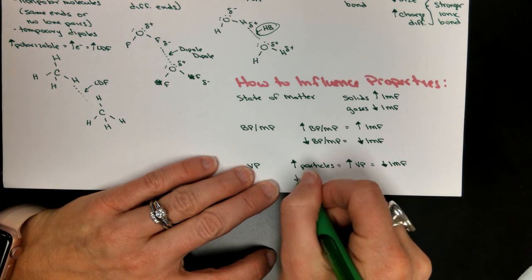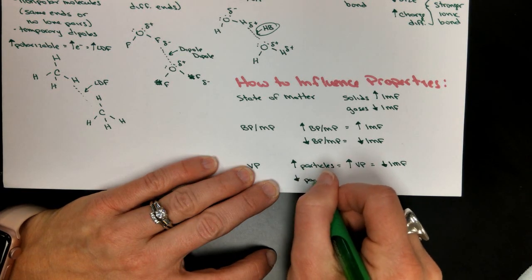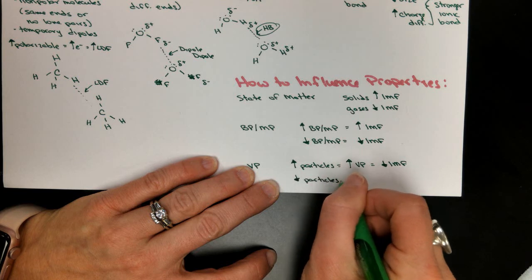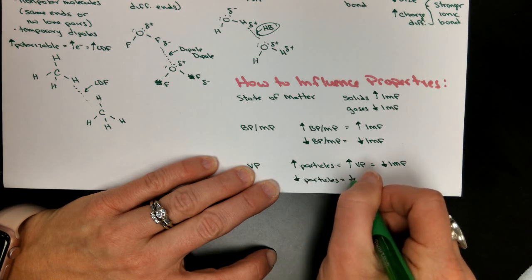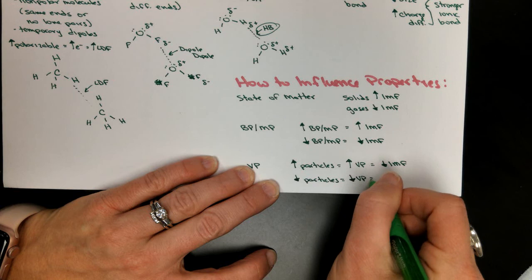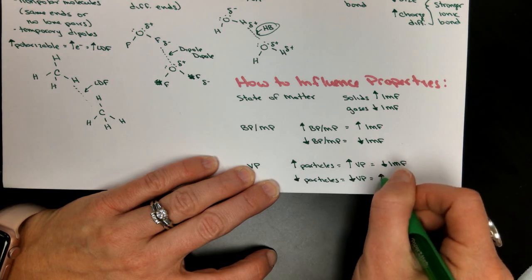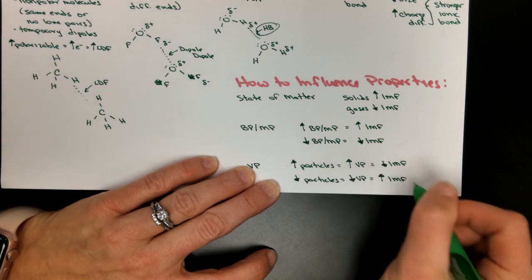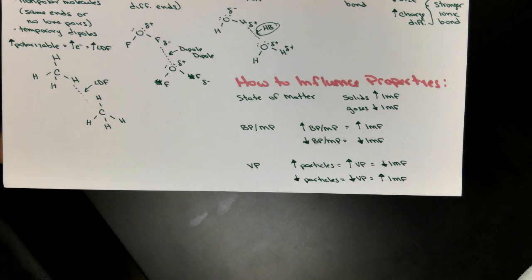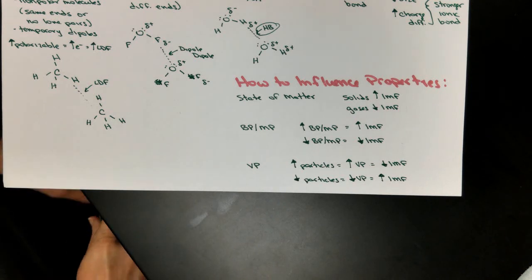If we have few particles that are actually hitting the sides of the container, that means that we're going to have a low vapor pressure. And we have a low vapor pressure because we have a really strong IMF holding all of those particles together in that liquid state of matter.